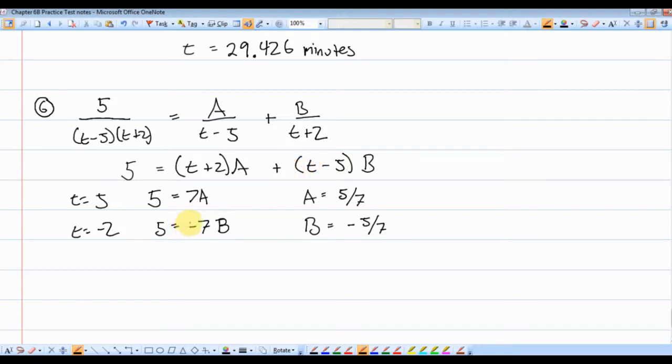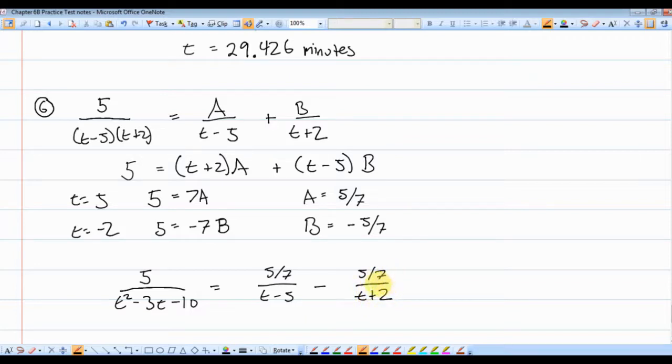All right, let's start with the equation. Our equality is 5 over t squared minus 3t minus 10 equals 5/7 over t minus 5 minus 5/7 over t plus 2.